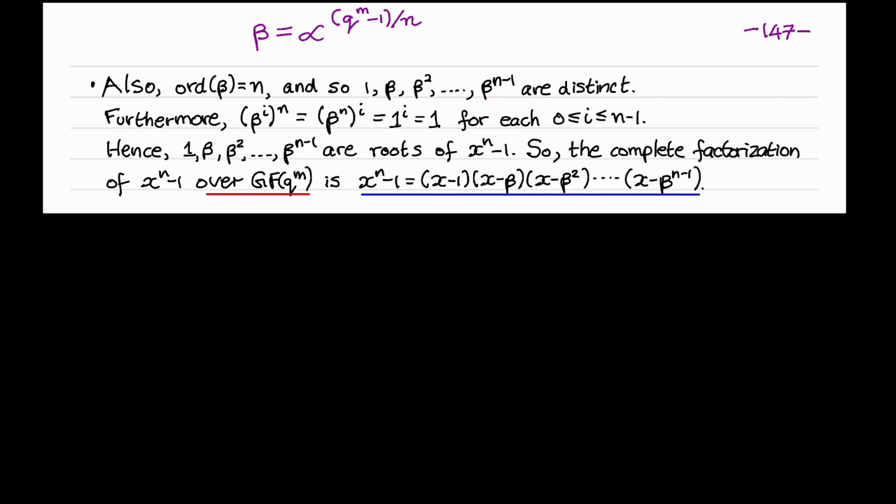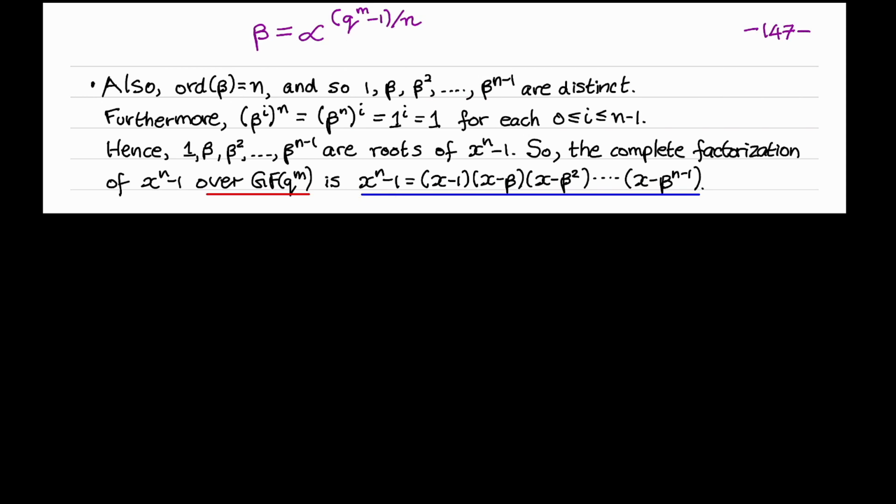Furthermore, each of these elements beta^i, when raised to the power n, can be written as (beta^n)^i, which is 1^i since beta^n equals 1. So each of these n powers of beta are nth roots of unity. And this means that these n powers of beta are all roots of the polynomial x^n - 1.